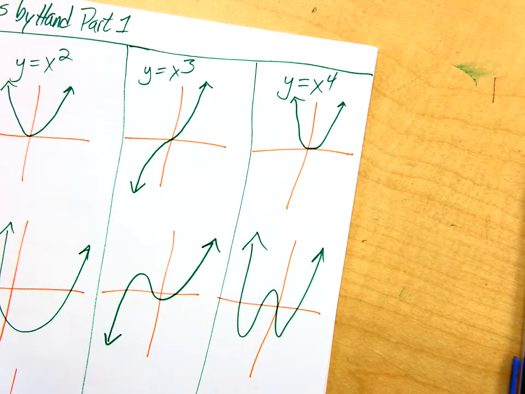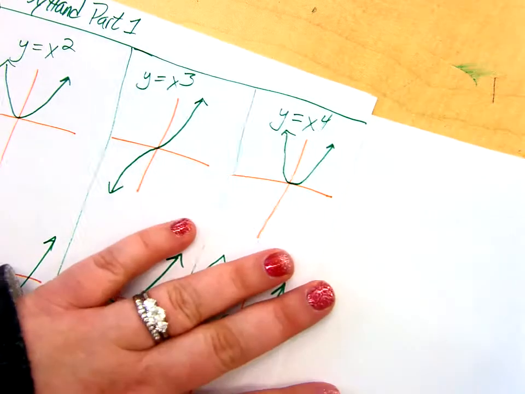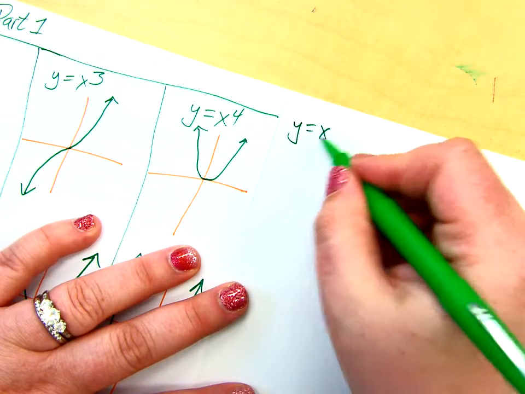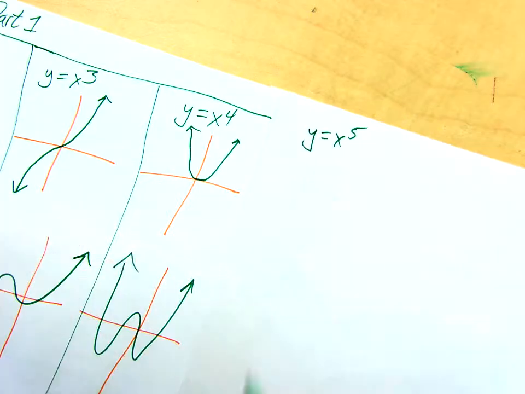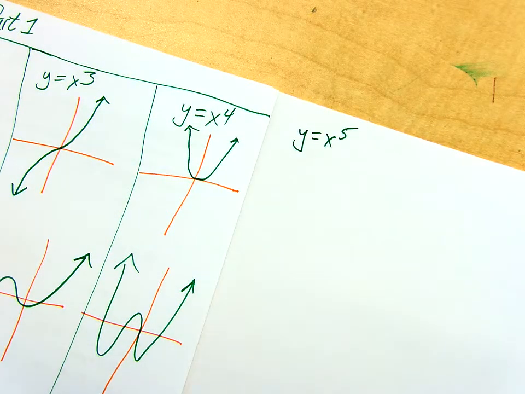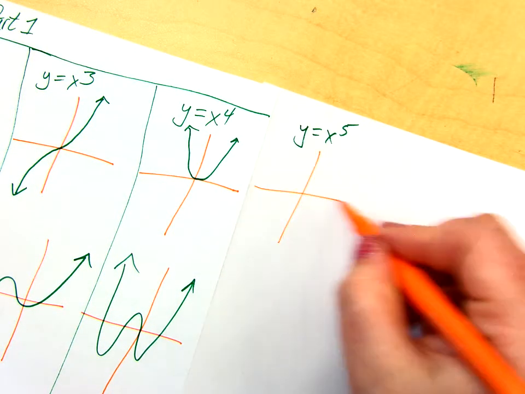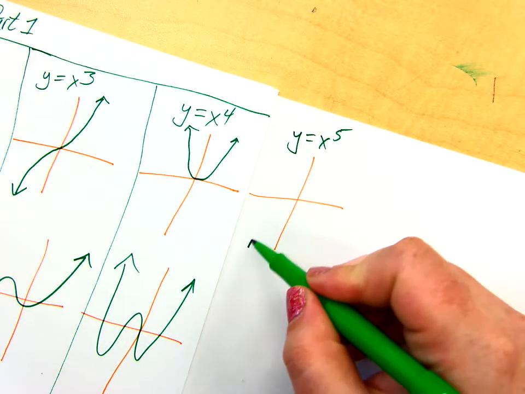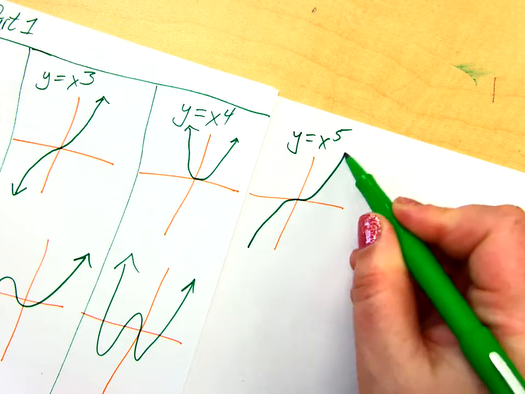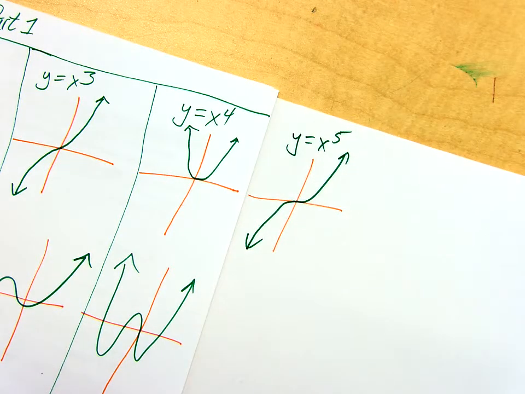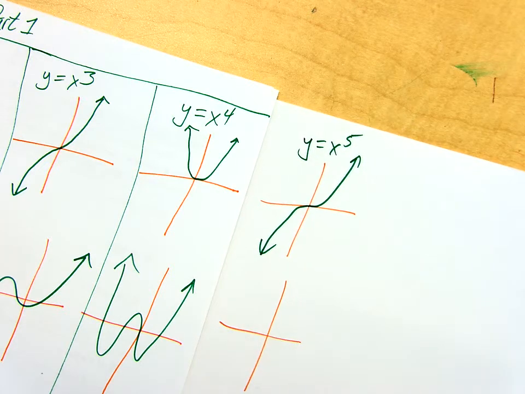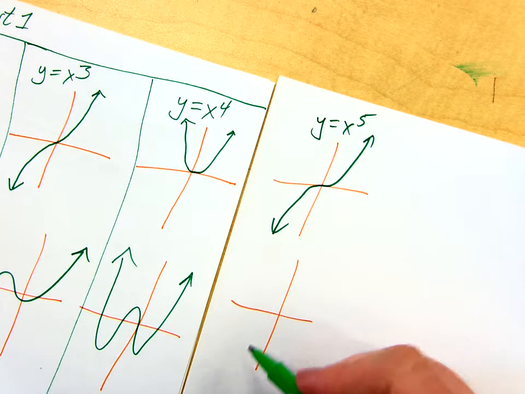But if you did an x to the fifth graph, so y equals x to the fifth itself, it's very similar to x to the third. It's just a little bit more flattened. But other ones could look like, you ready for this? They could do this.